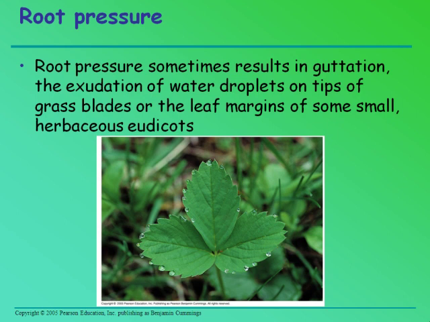Root pressure sometimes results, if it's too great, in guttation, like in the early morning when the stomata open, the exudation of water droplets on the tips of grass blades or the leaf margins of some small herbaceous eudicots like the strawberry. So the root pressure is forcing excess water from this strawberry leaf. It's called guttation.